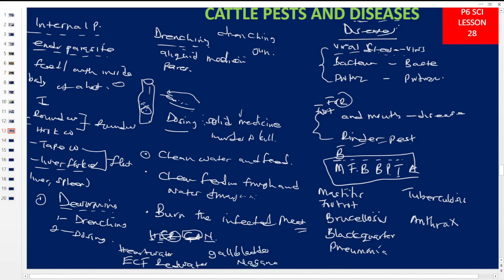Now all these protozoan diseases are tick-borne diseases, meaning that they are spread by ticks, apart from one, this N, which is spread by the tsetse fly.